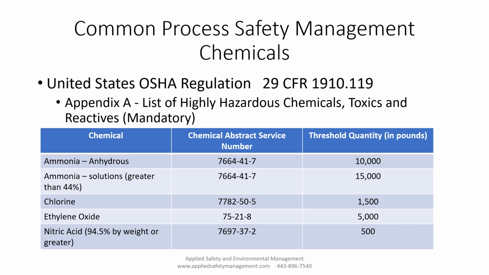Nitric acid has to be greater than 94.5% by weight, and that's 500 pounds. And then one you'll find at wastewater plants all over the country, chlorine, which is going to be at 1,500 pounds for the threshold planning quantity.